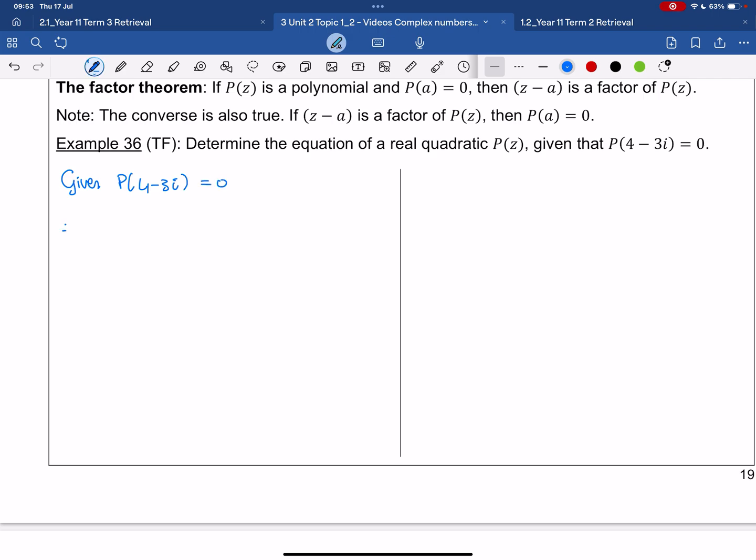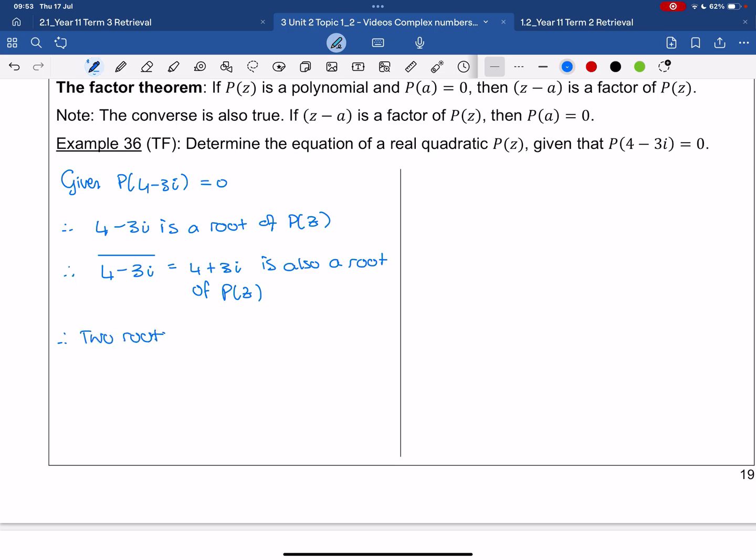So therefore, because of my factor theorem, 4 minus 3i is a root of my polynomial in Z. And then I can say, therefore, the conjugate of 4 minus 3i, which is 4 plus 3i, is also a root of p of Z. So my two roots are going to be Z equals 4 minus 3i and Z equals 4 plus 3i. Now those are my two solutions or my two roots.